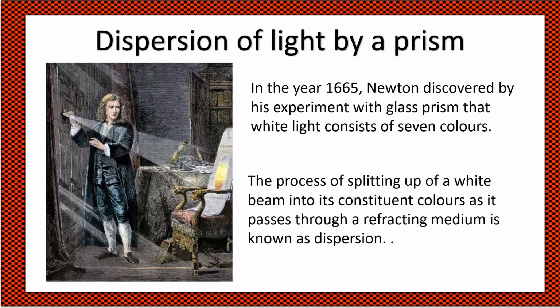This is because each color undergoes refraction according to the law of refraction and moves in different directions. The process of splitting up of white light into its constituent colors as it passes through a refracting medium is known as dispersion. So the different colors obtained constitute the spectrum of incident light.